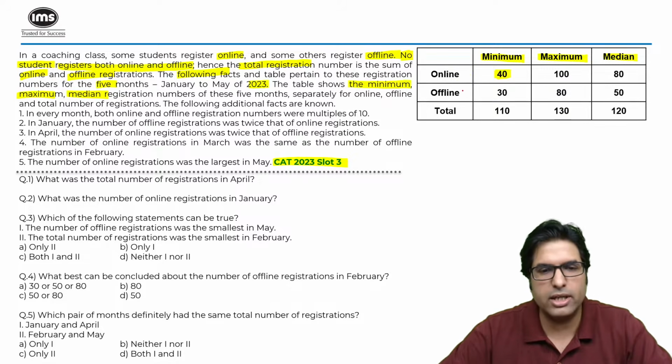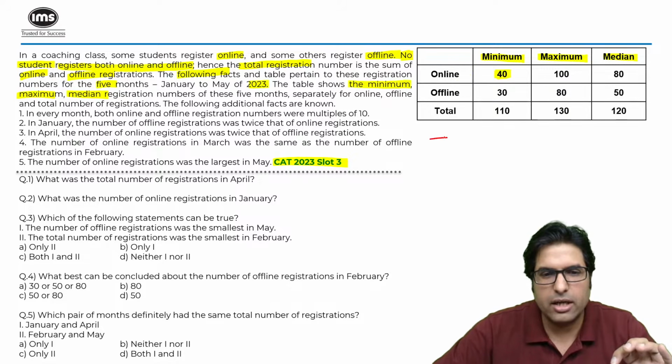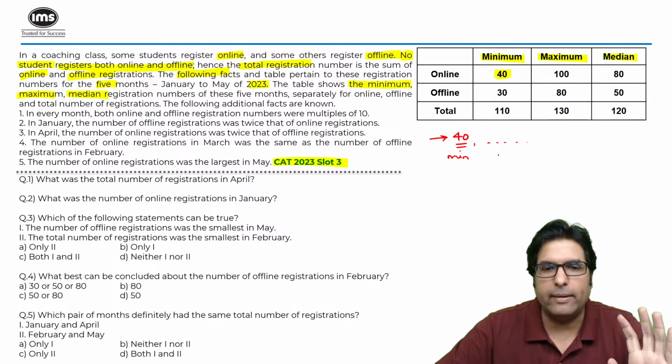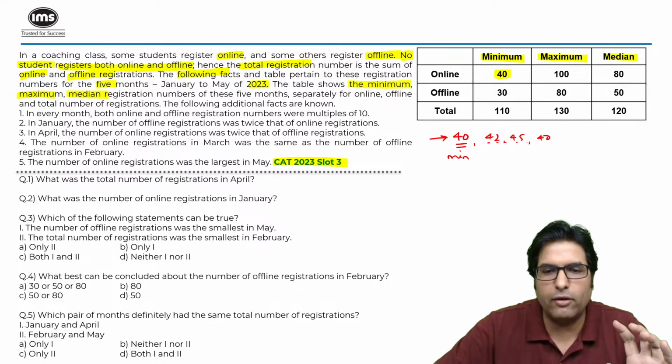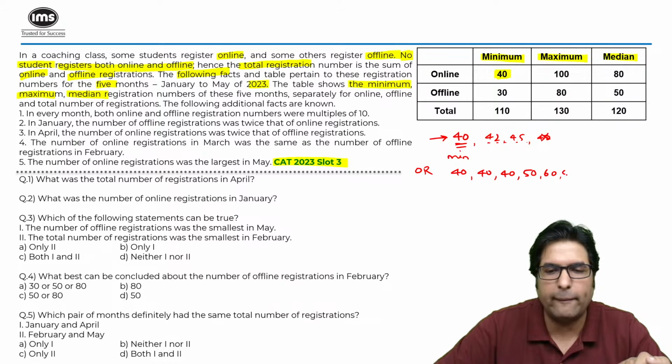So now my question is fairly simple. Is this a unique minimum, which means 40 is minimum, all the other values will be greater than 40, maybe 42, maybe 45, but no other value will be 40 because 40 is the minimum? So is it uniquely minimum, or does this mean that I can have, let's say, 3 values of 40 and then have some values 50, 60, 80?